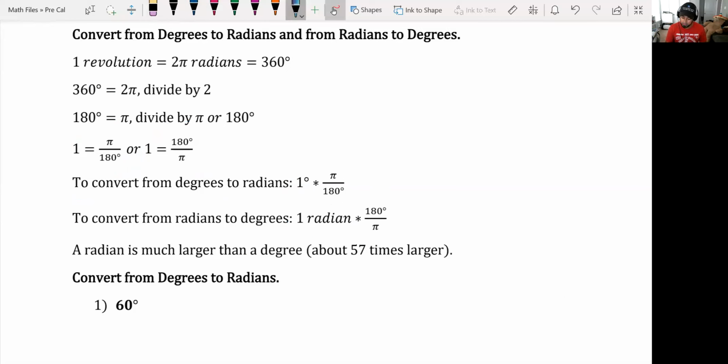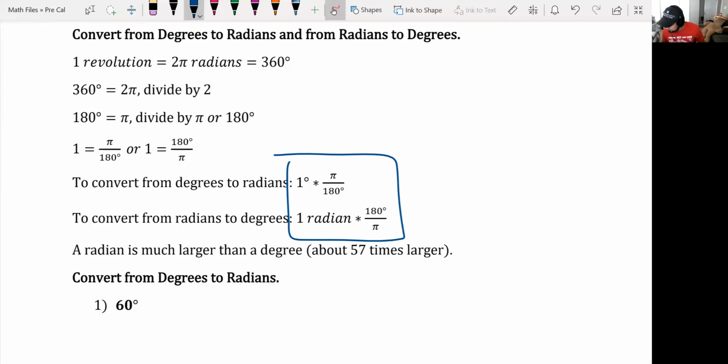So we will be using these unit conversions down below. And if you did not know, a radian is actually 57 point something degrees. So it's actually pretty cool.